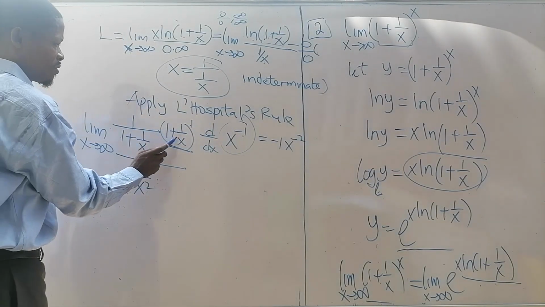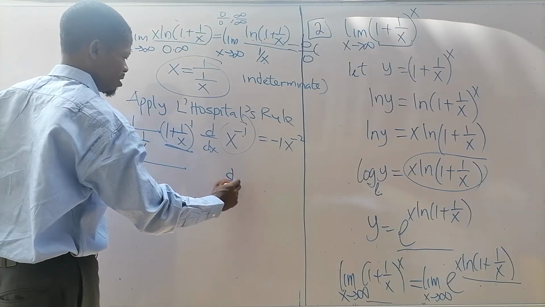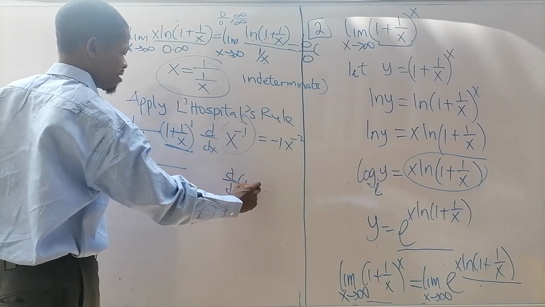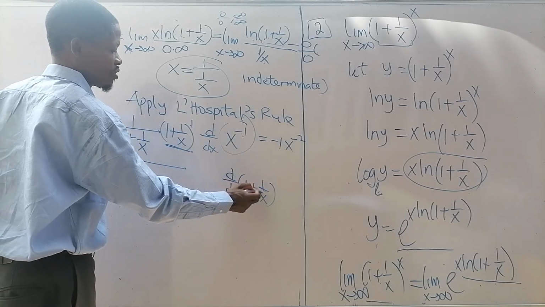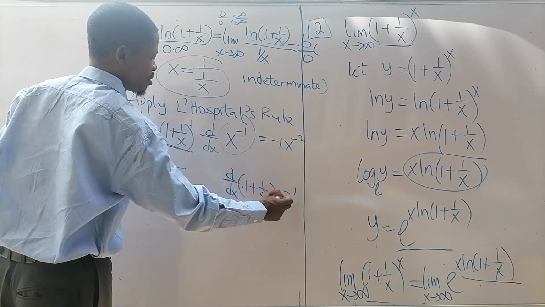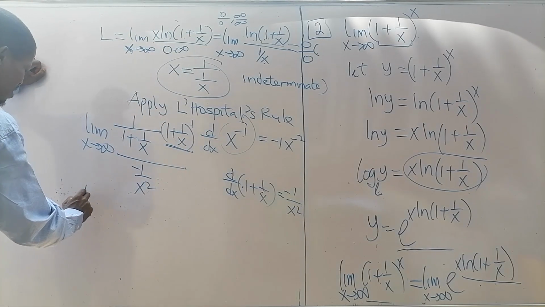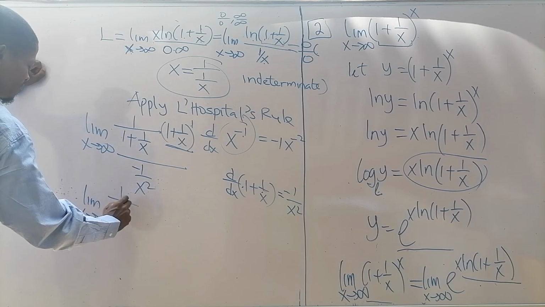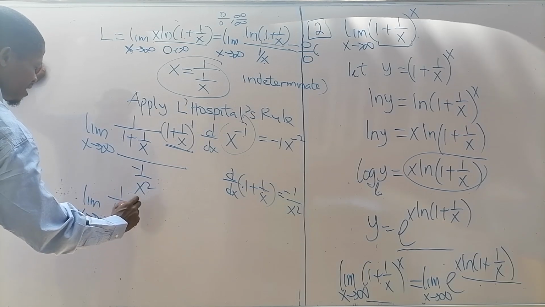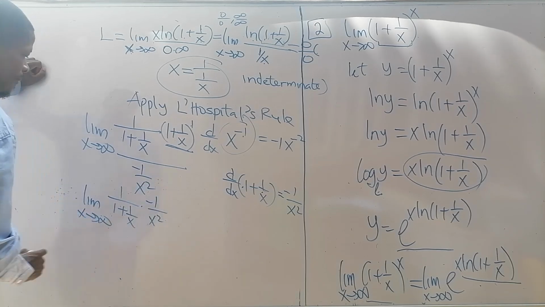Let's quickly get the derivative of this one. If we differentiate this one, the derivative of the constant is going to give you 0 here, and this one is going to give you minus 1 over x squared. So we now have the limit as x tends to infinity of this, times minus 1 over x squared.